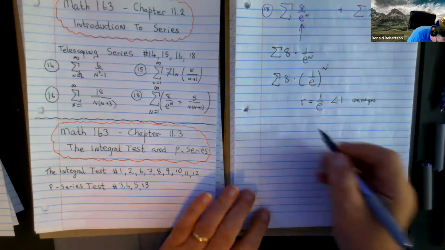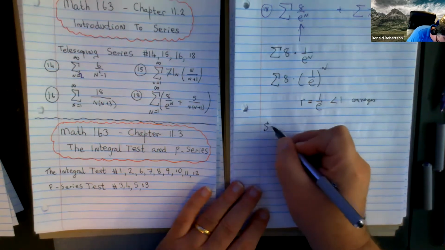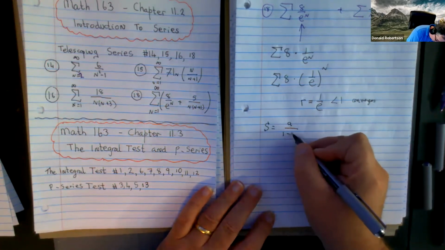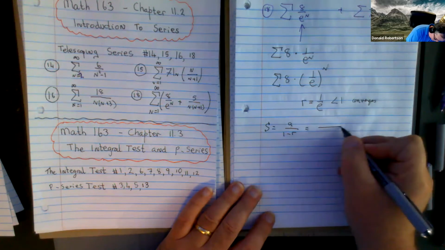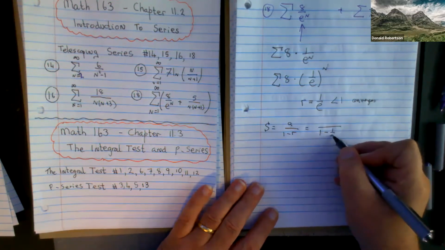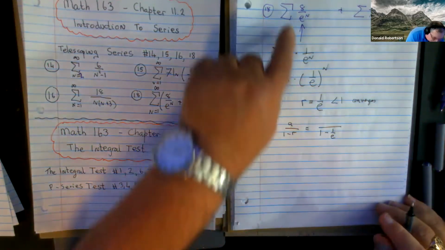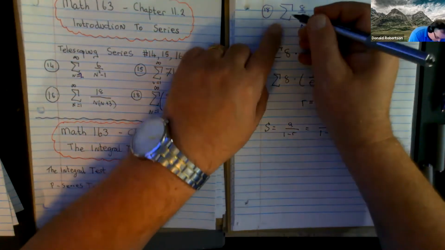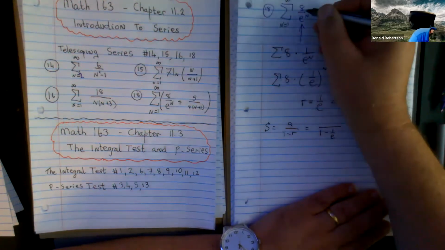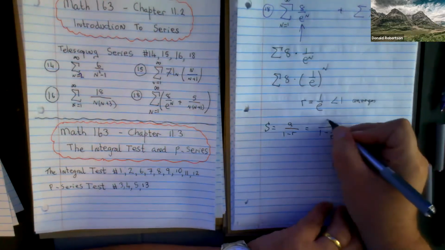Now, what does it converge to? Well, since it's a geometric series, it converges to A over 1 minus R. 1 take away 1 over E. And A is the first number in the series. So if you plug n equals 1 into this, you get 8.